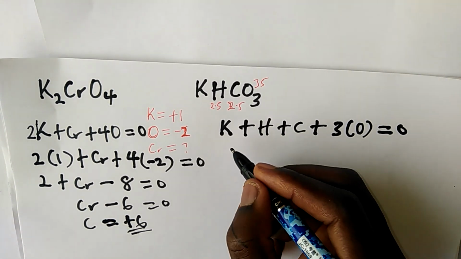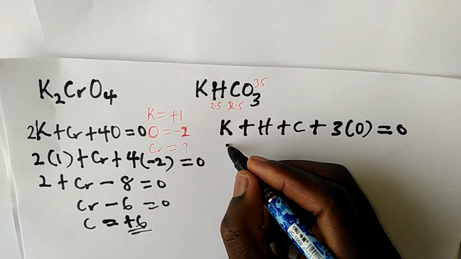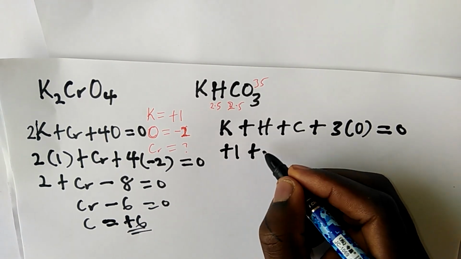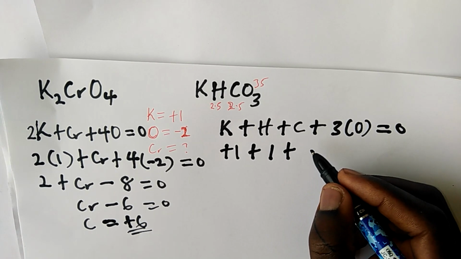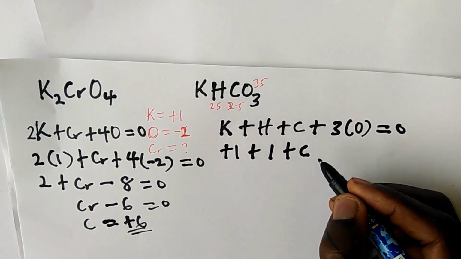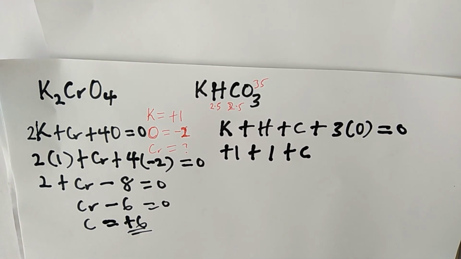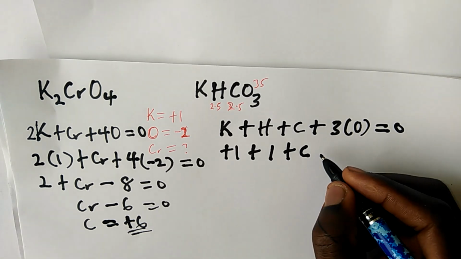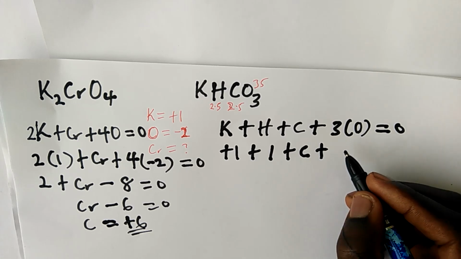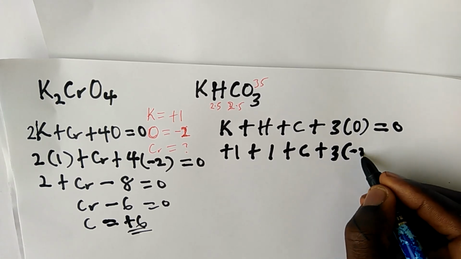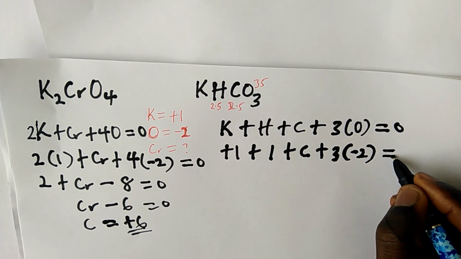Now we say potassium, which is plus 1, plus hydrogen is also plus 1, plus carbon, which is what we are looking for, plus 3 oxygen, and oxygen is minus 2. So it's going to be 3 minus 2 equals 0.